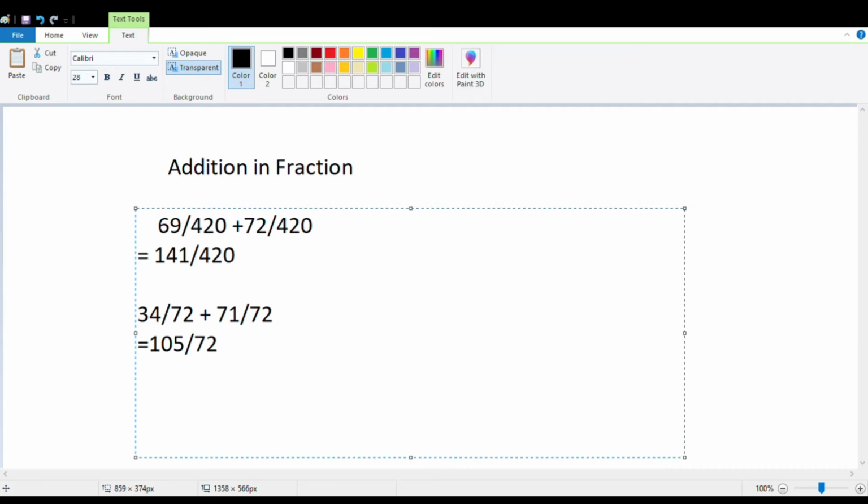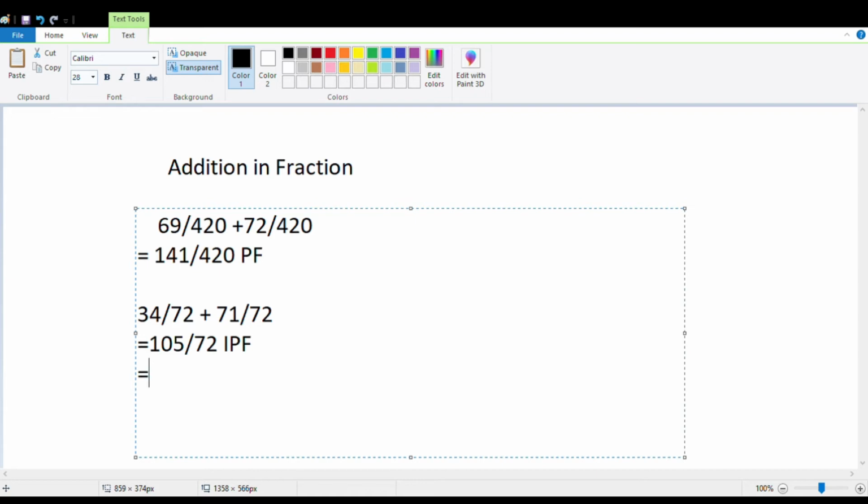Whereas this is an improper fraction, right? So in almost every exercise I have ever done, we will have to convert this improper fraction into a proper fraction, right?